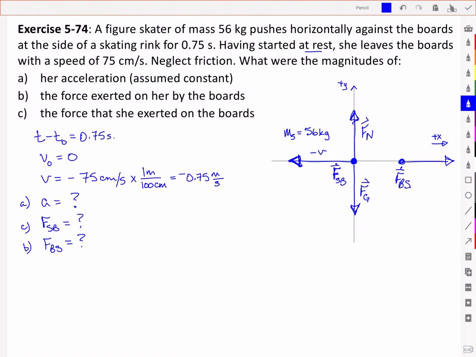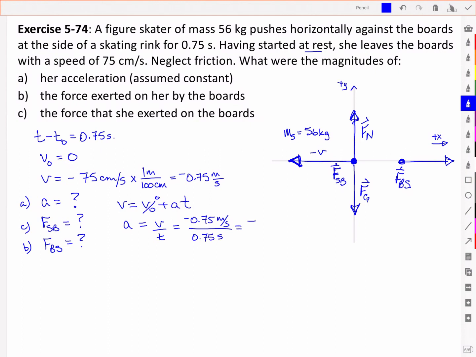For part A, this is simple kinematics, where we know we can use this equation involving velocity and time. Initial velocity is 0. So let's solve for that acceleration as v over t. We have a negative 0.75 meters per second over 0.75 seconds.